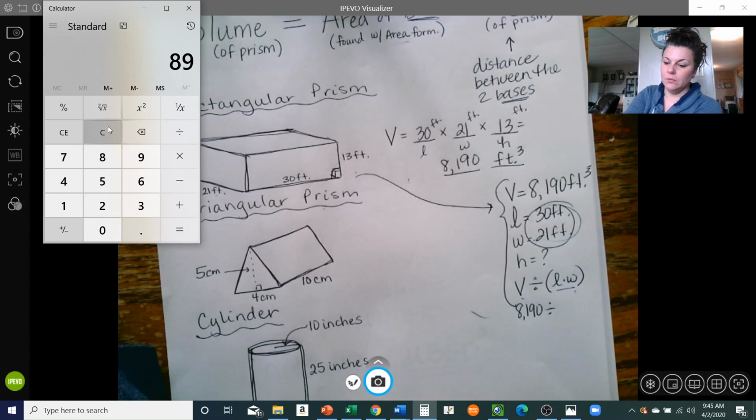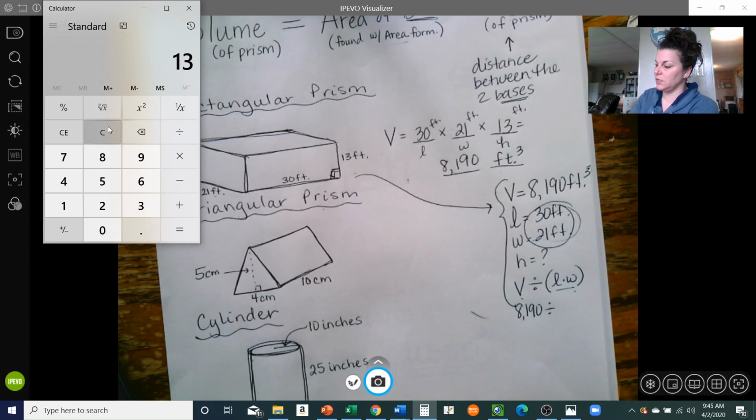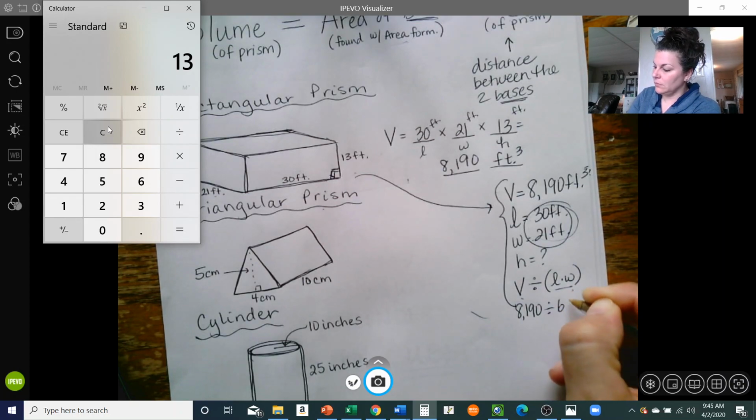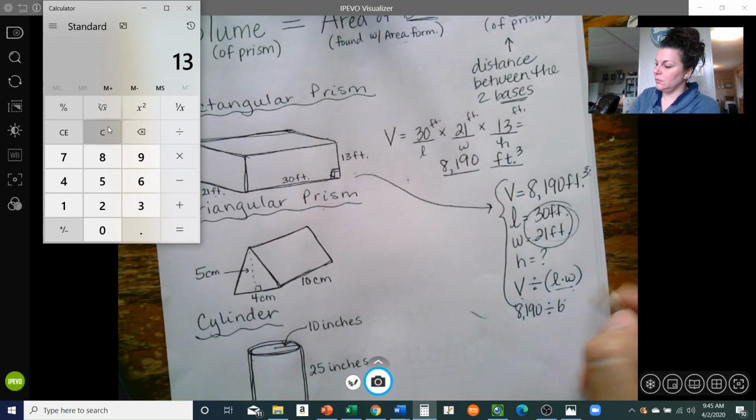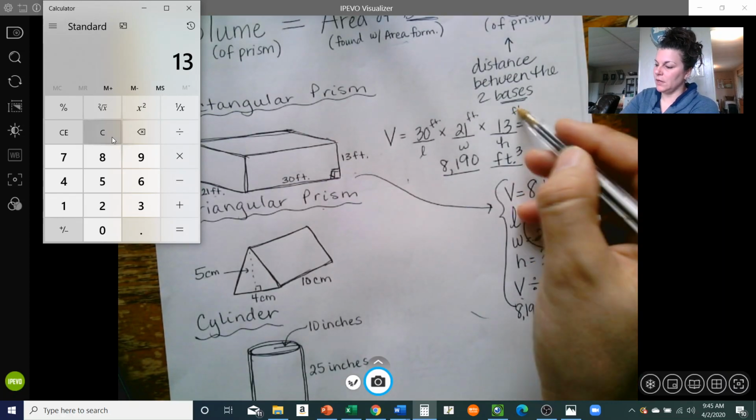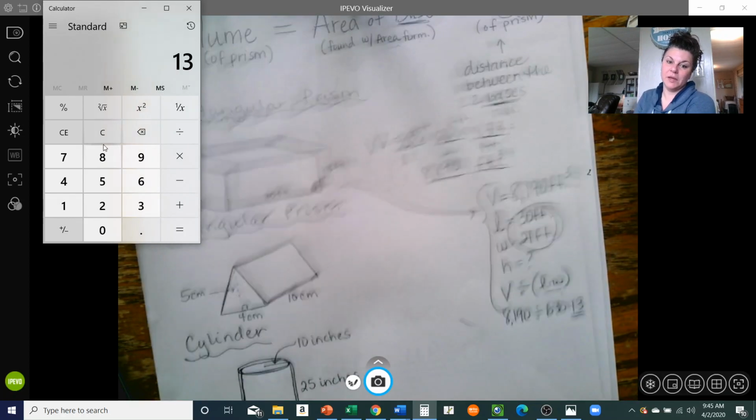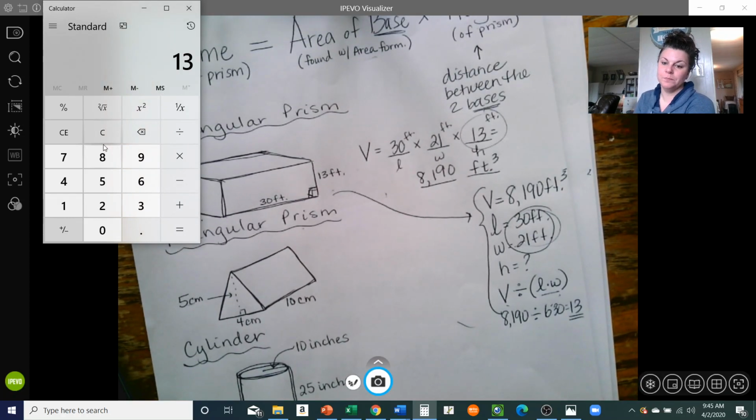So 8,190 divided by 630 is 13. So 13 feet. And look, that makes sense because that's what my other side length was. That's what my height was. Okay.